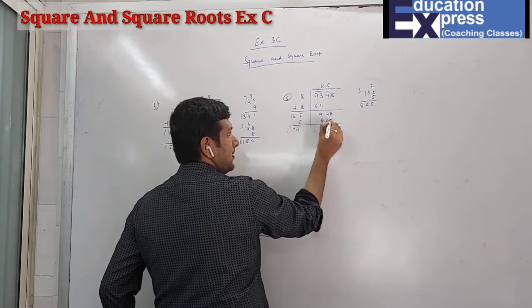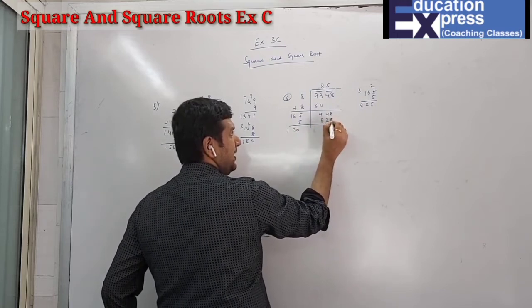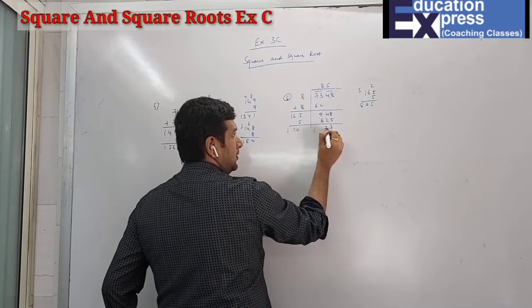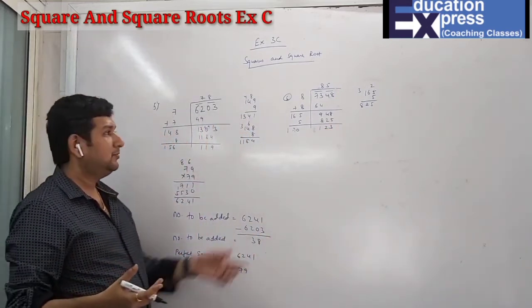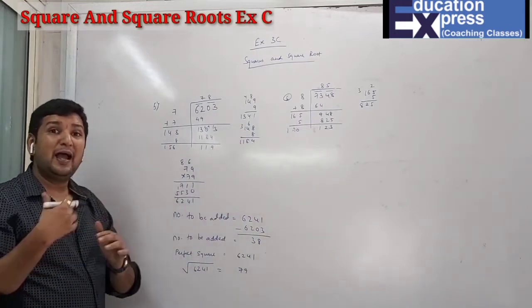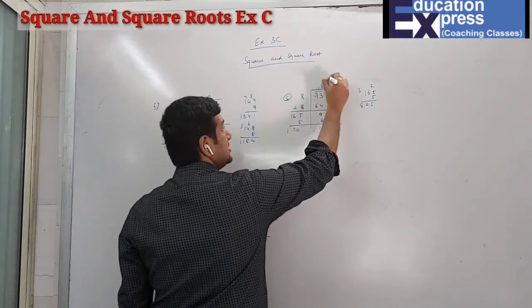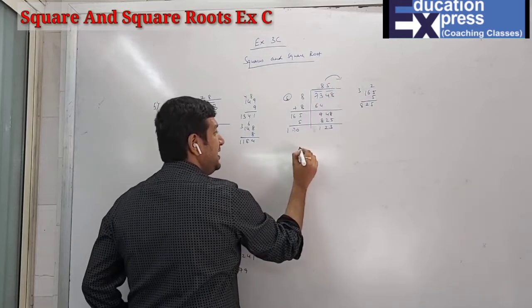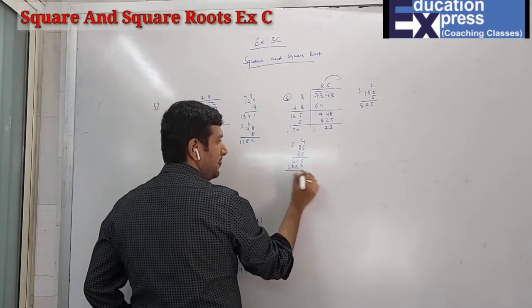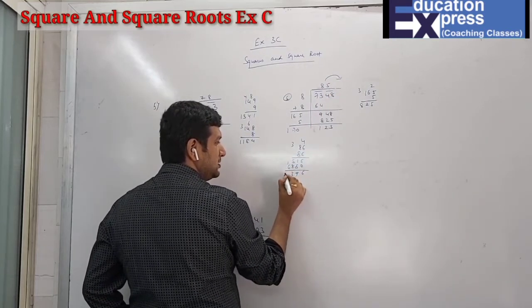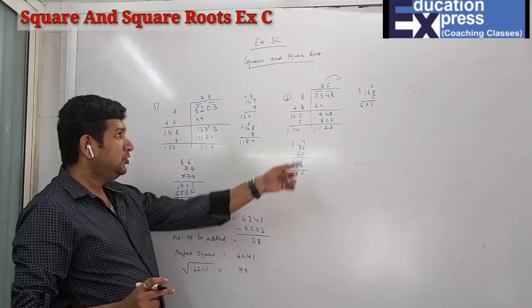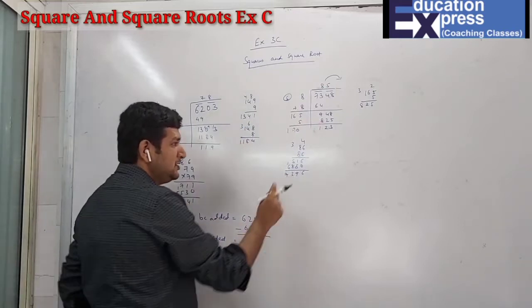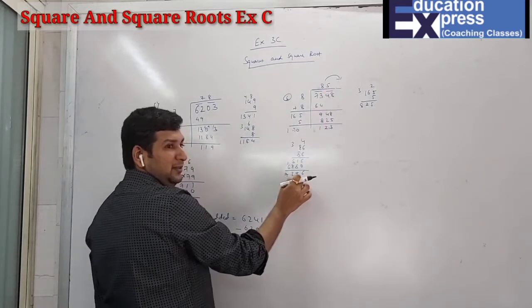Again the same thing, students. If I asked you what number to be subtracted, minus 123. But now they ask for added, so obviously you have to see the number which is after 85, that is 86 into 86, 7396. That means you want 7396, but you have only 7348. So obviously, what number do I have to add to this to get this? Because this is a perfect square.